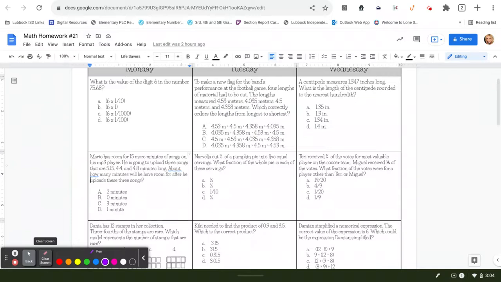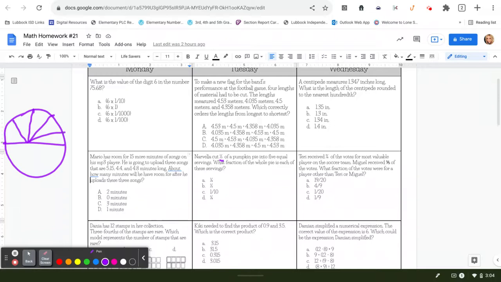Next, Narvella cut half of a pumpkin pie into 5 equal servings. What fraction of the whole pie is each of these servings? This is a division problem. It's saying that she's got half of a pie and she cut that half into 5 equal pieces. They want to know what fraction of the whole.